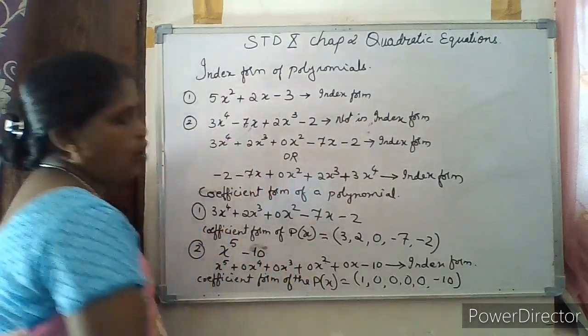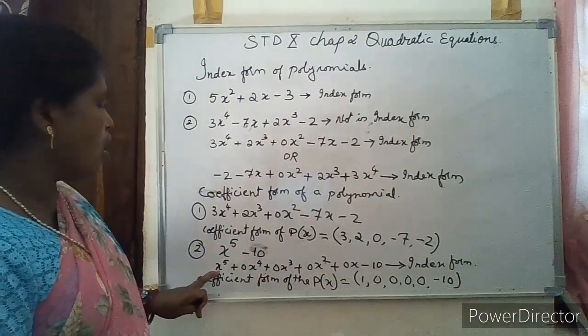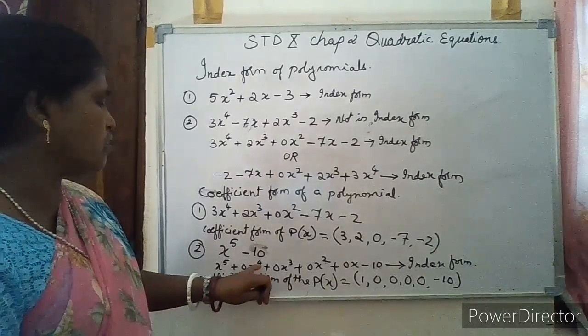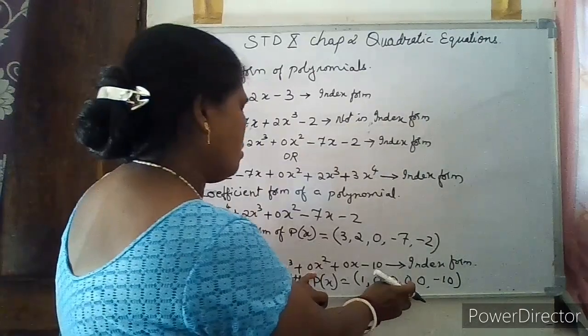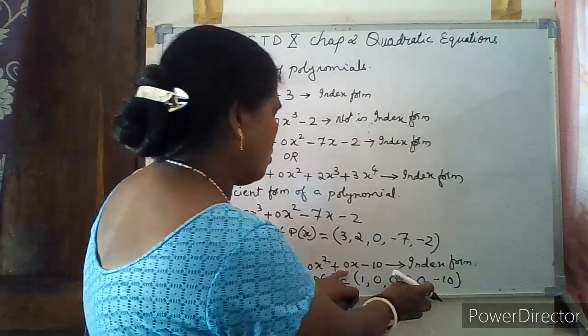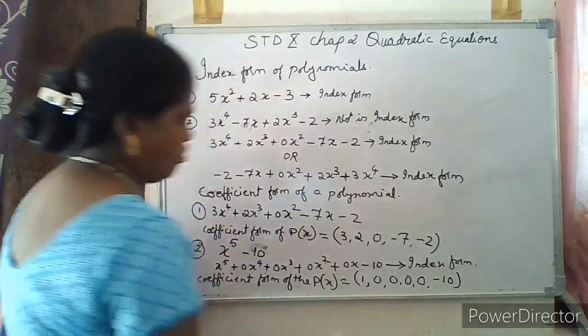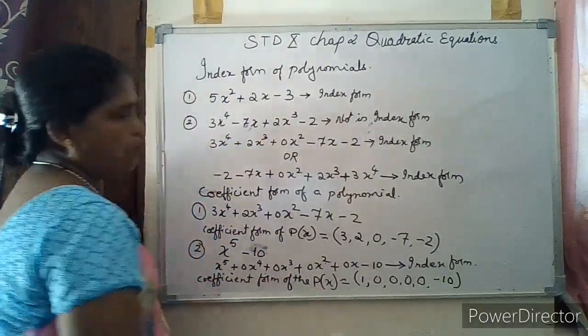So 1 is the coefficient of x raised to 5, 0 is the coefficient of x raised to 4, 0 is the coefficient of x cube, again 0 is the coefficient of x squared, 0 is the coefficient of x, then minus 10 is the constant term.